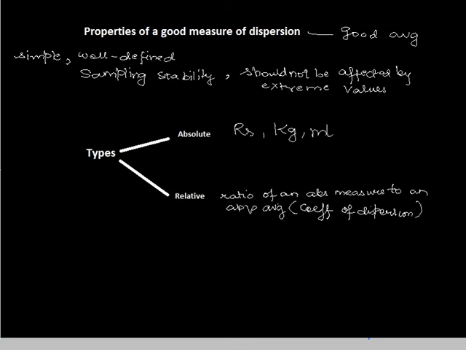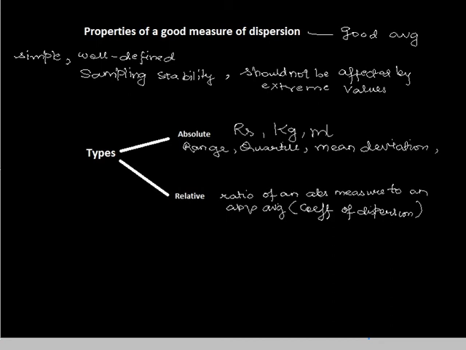Now, what are the absolute types? Absolute types are essentially range. You have range, you have quartile deviation, also known as semi-interquartile range, or you have mean deviation. Mean deviation is there.